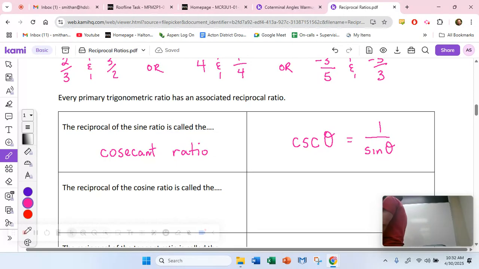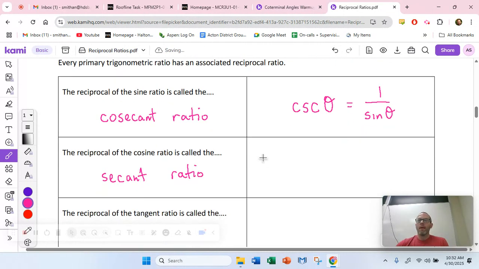Let's continue. The reciprocal of the cosine ratio is called the secant ratio. And the symbol we use for that, SEC. The secant of angle theta is the reciprocal of the cosine ratio, 1 over cosine theta.